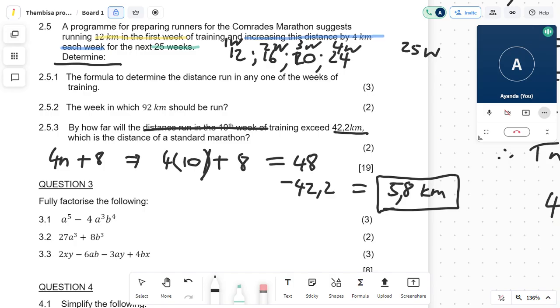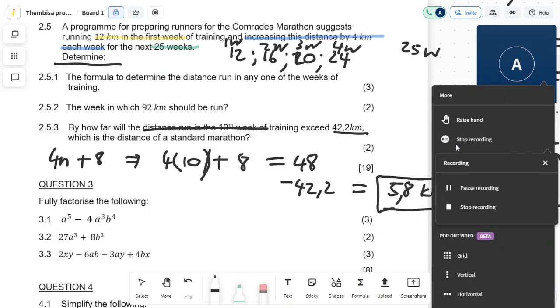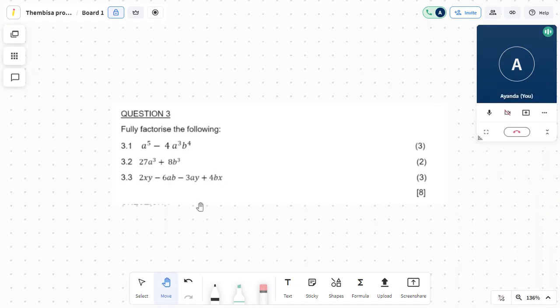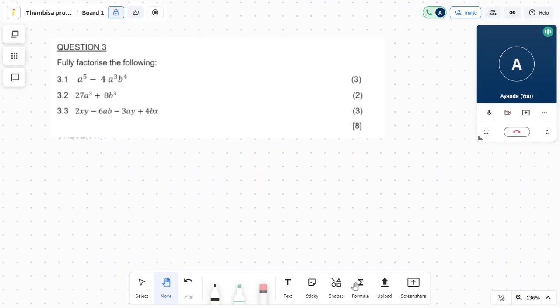Now we can move on to question 3, factorizing. Let's paste this over here so we can have a little bit more space. So question 3.1 asks us to factorize a to the power of 5 minus 4a cubed times b to the power of 4.